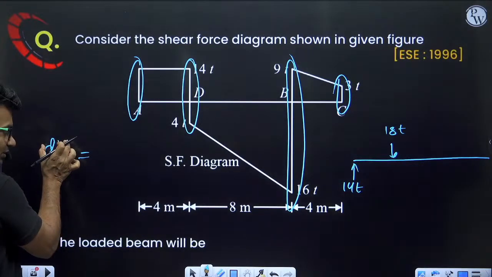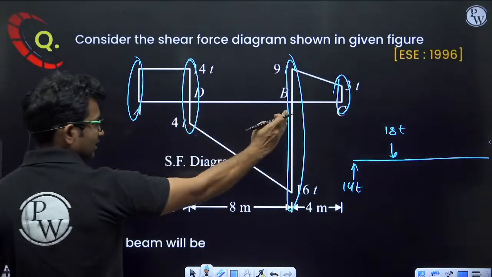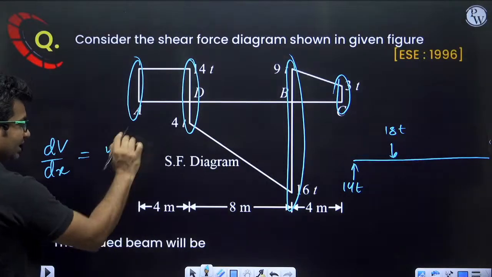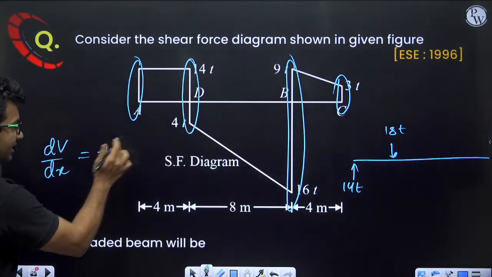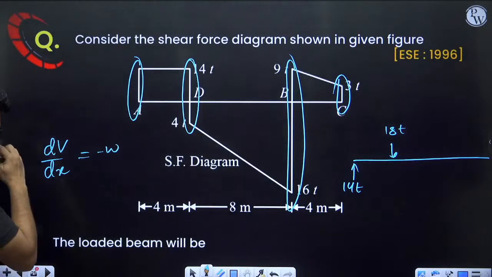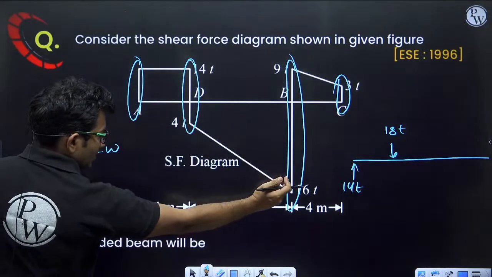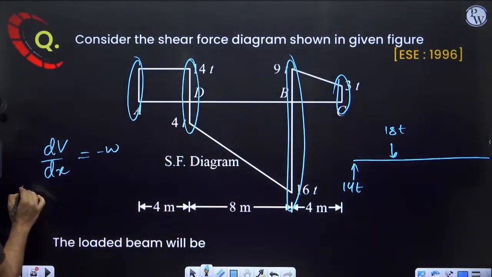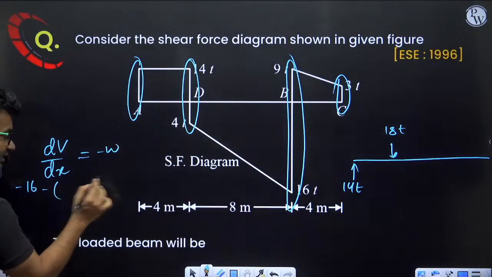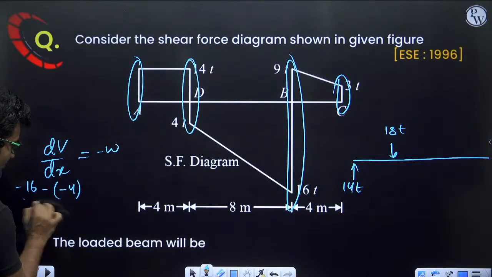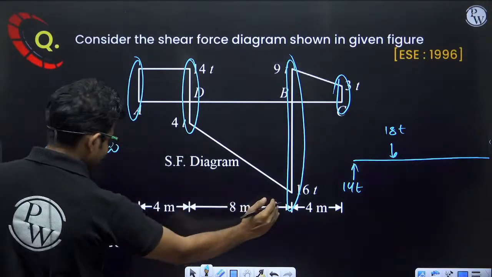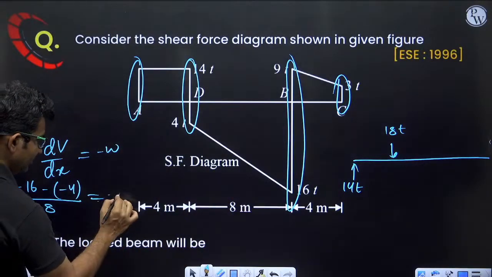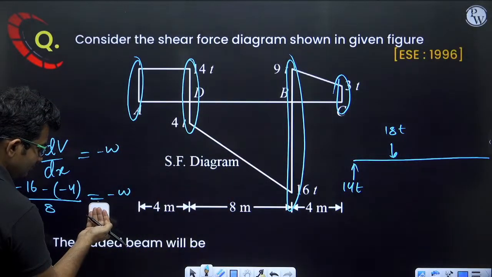Change in shear force divided by length in which it is changing, that will be the intensity of loading. Minus sign indicates that downward loading will be there. So change in the value of shear force, final minus initial. Final value is minus 16 minus initial value is minus 4 divided by length 8 meter, it will be equal to minus W.